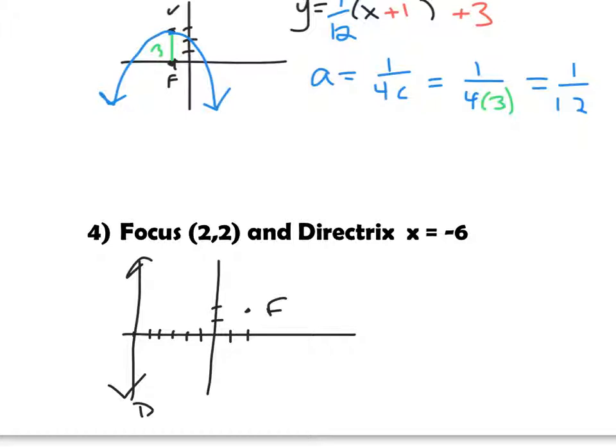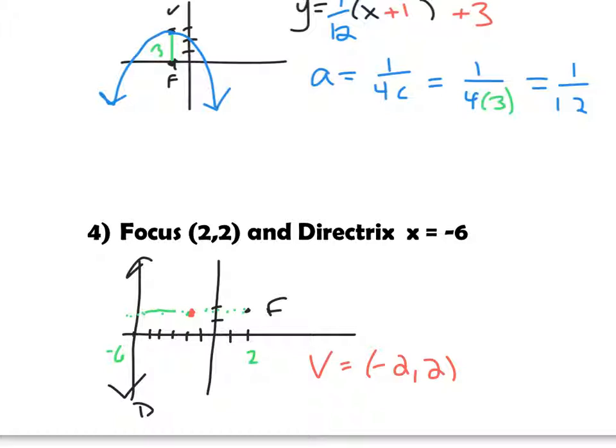Your vertex is going to be exactly in between those two. So I can tell it needs to be in line with the focus, so my y value is definitely going to be 2. And then halfway between 2 and negative 6 is going to be negative 2. You can just count it. Nothing wrong with counting, okay? So my vertex is going to be at (-2, 2).